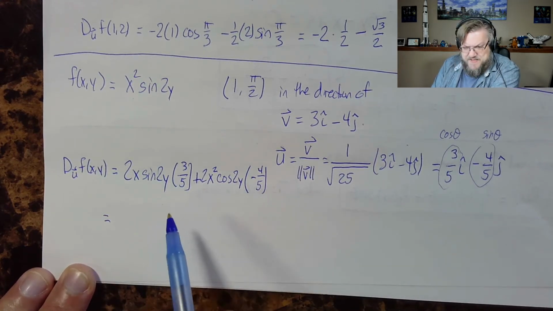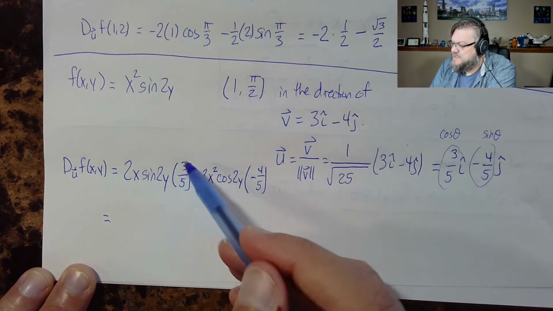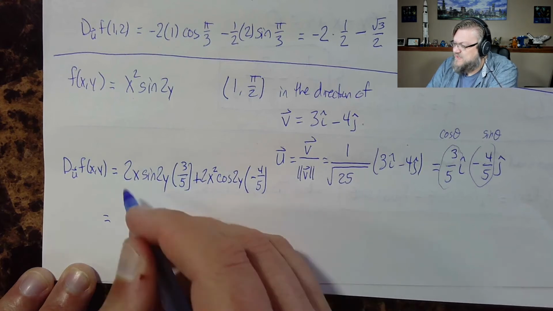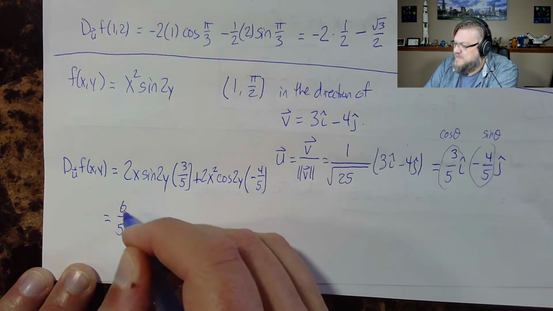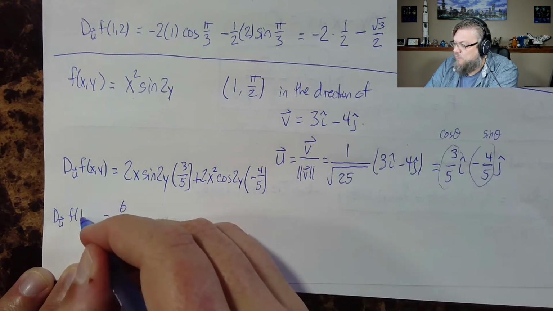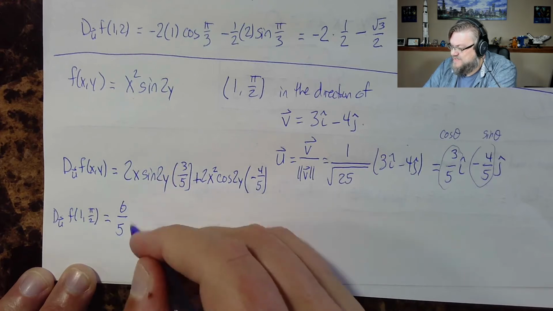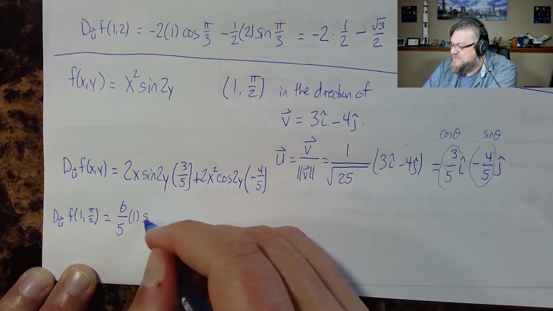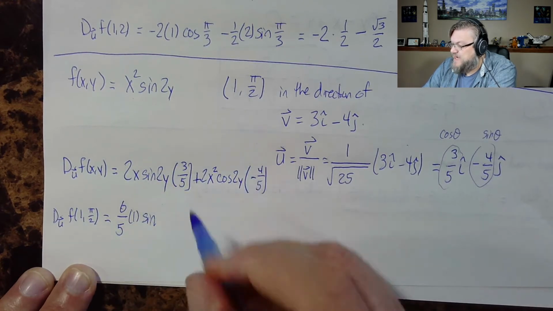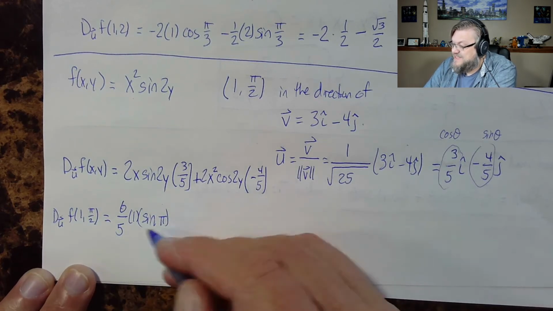Okay, so let me simplify this a little bit. What do we have going on here? Let's see. We can have 6/5. Now, let me plug in values here as I go as well. So I want this at (1, pi over 2). So x gets replaced with 1. Sine of 2 times pi over 2 is pi. Oh, that's nice. Sine of pi is 0. So that's going to wipe out.